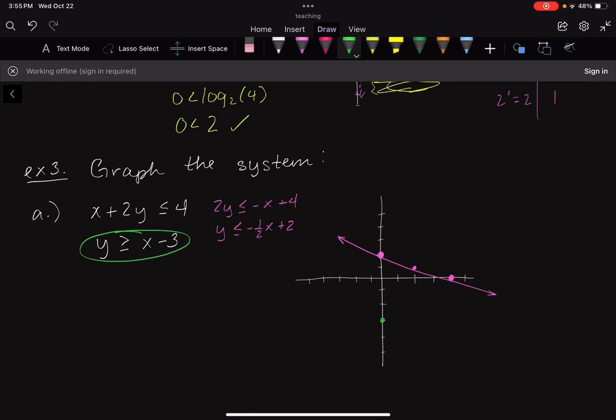So negative 3 is my y-intercept, and then I'm going up 1 over 1, up 1 over 1, up 1 over 1. My graph is a little off, but that's just because of my terrible drawing. But we have a line going through here. That'll work.